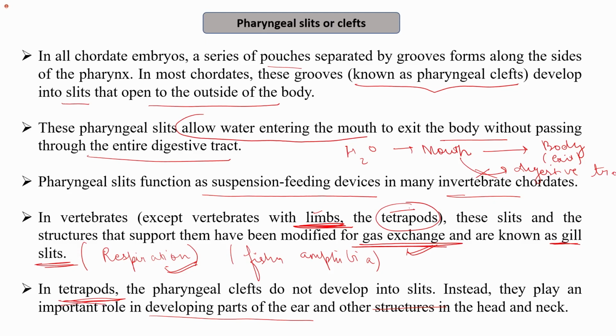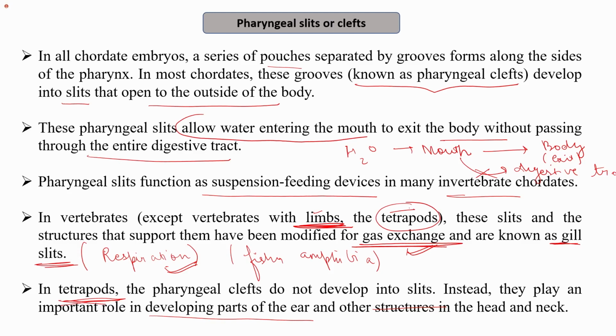So the clefts do not form slits; instead they form other important structures, like some structures in the ear, or other structures in the head and neck, in the vertebrates.